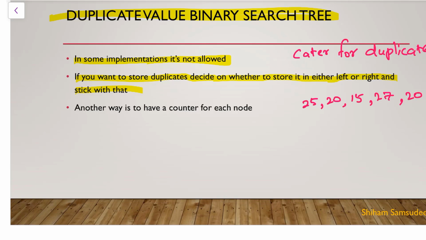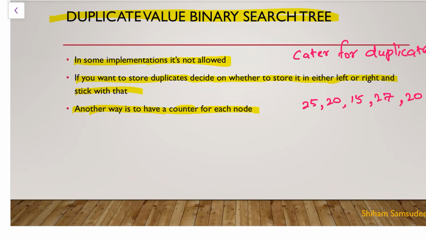All right, so another way is to have a counter for each node. Say for example, 20, you had 20 on the first round, right? So the node will contain like 25 and the counter as well. That's another variable, counter.